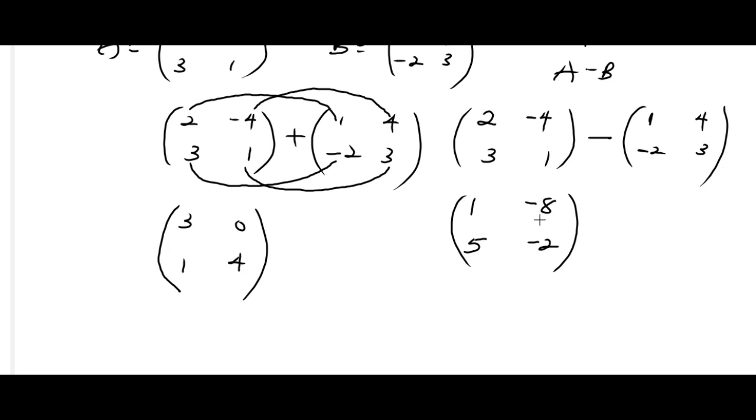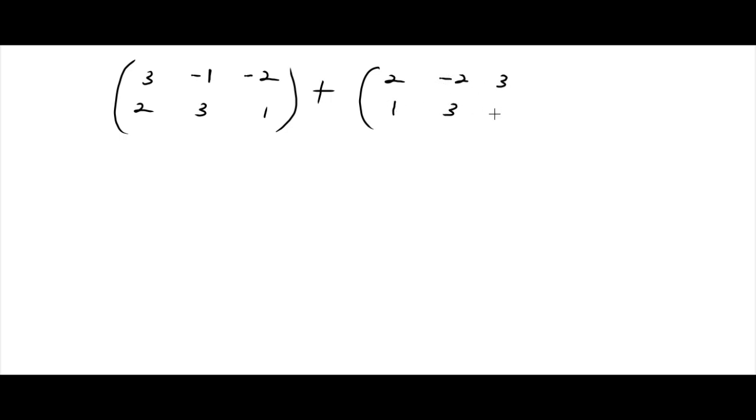And this is also true for a 3 by 3 matrix, because this is an example of a 2 by 2 matrix. For instance, if you have 3, -1, -2, 2, 3, 1, and you are told to add 2, -2, 3, 1, 3, 0. So just take the first element here, you add it to this one, you have 5. That is 3 plus 2.